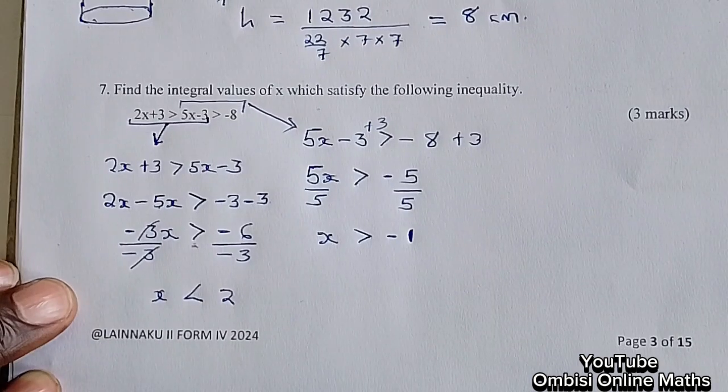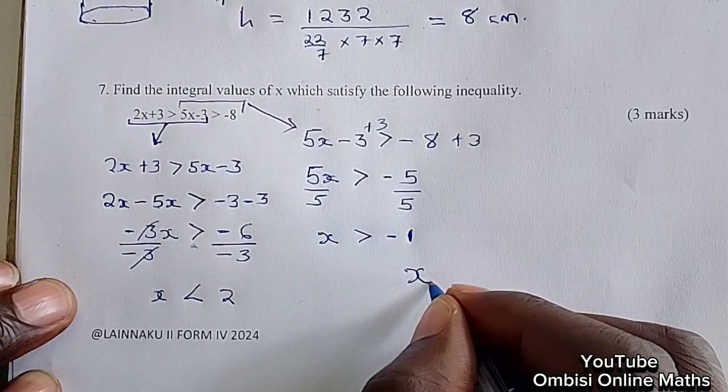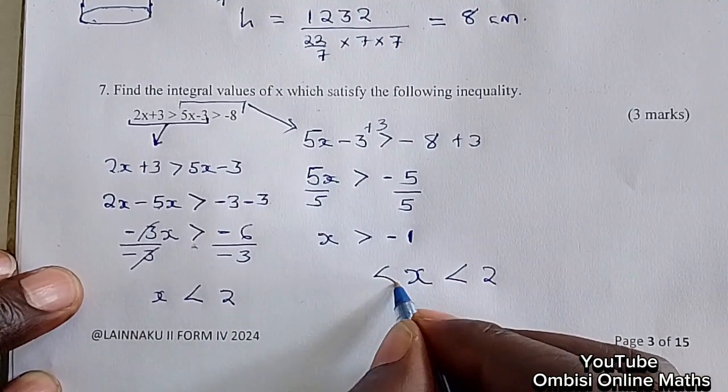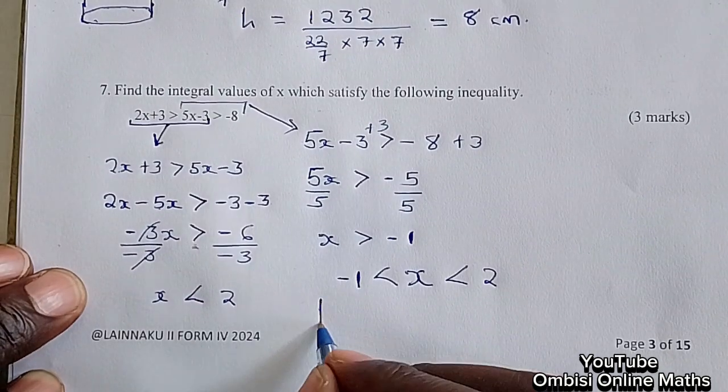So when we combine the two inequalities, x is going to be less than 2, but greater than negative 1.